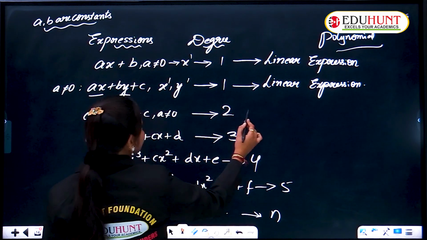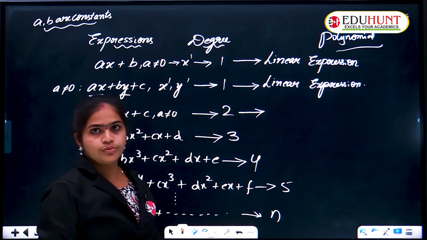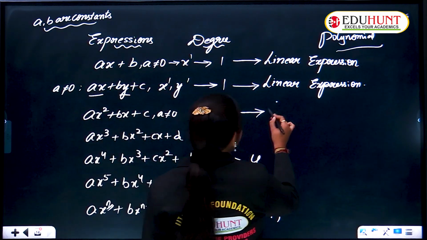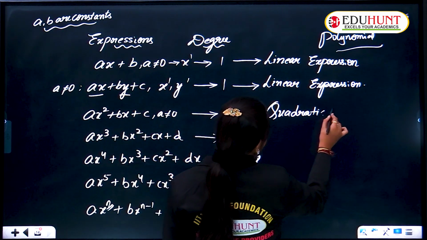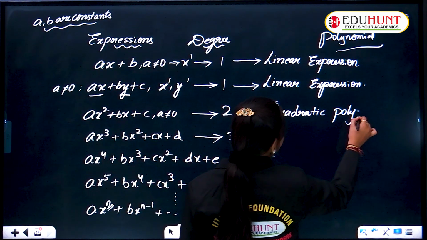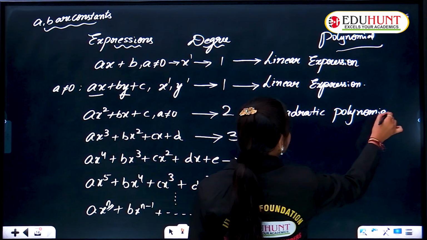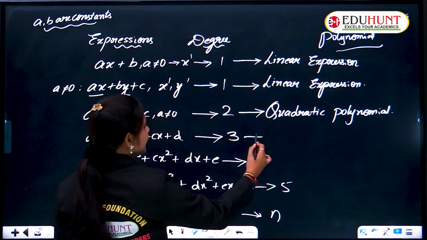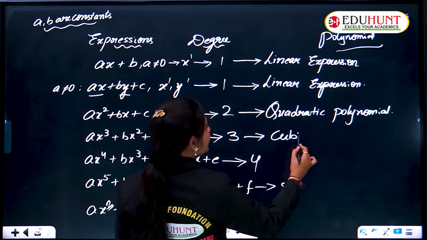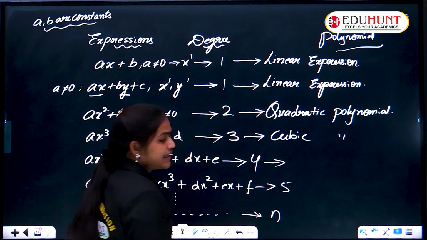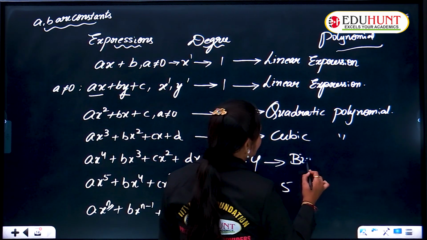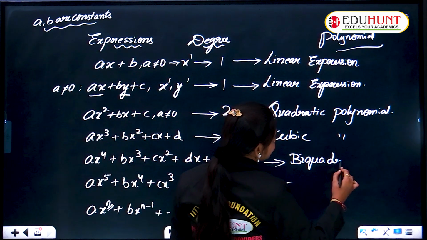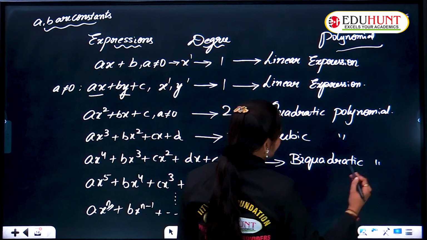If the degree is 2, then we call that a quadratic polynomial. If the degree is 3, it is a cubic polynomial. If the degree is 4, it is a biquadratic polynomial.